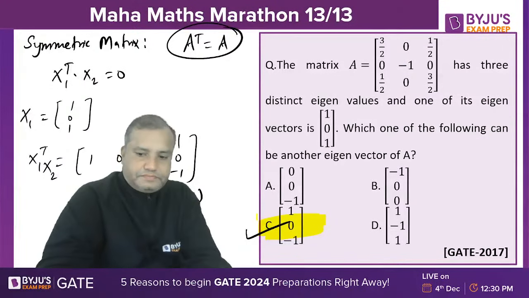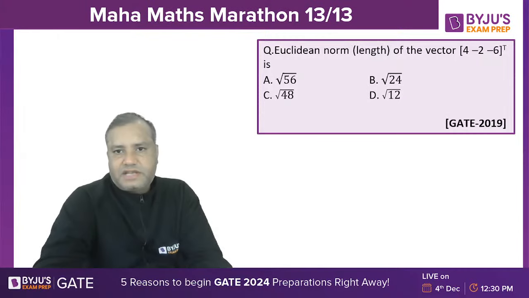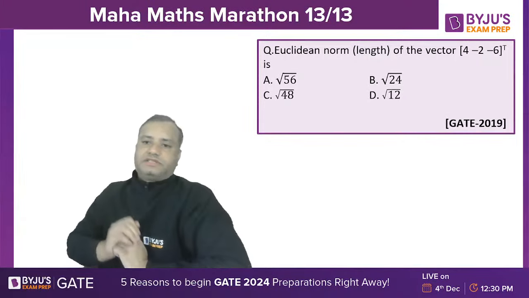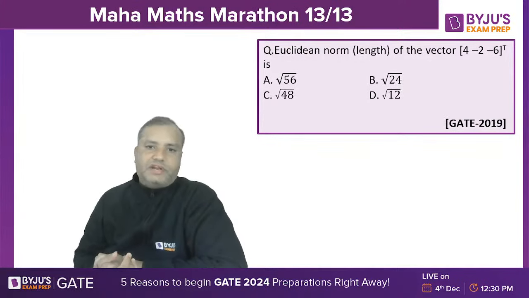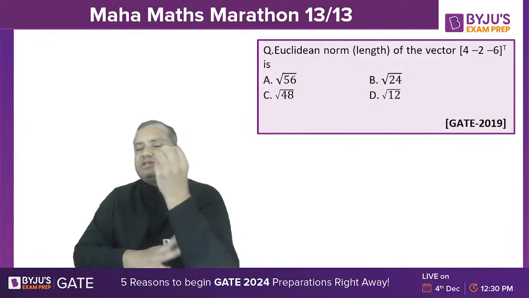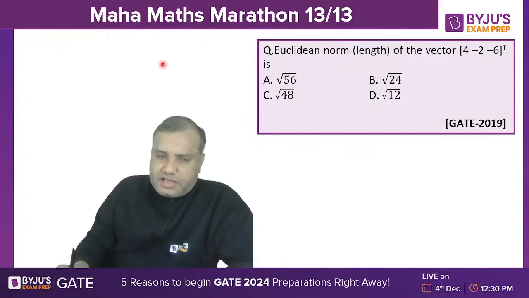Next. See this. This next concept is based on the Euclidean norm. What is this Euclidean norm? This is nothing but the length of the vector. How are you calculating this length?